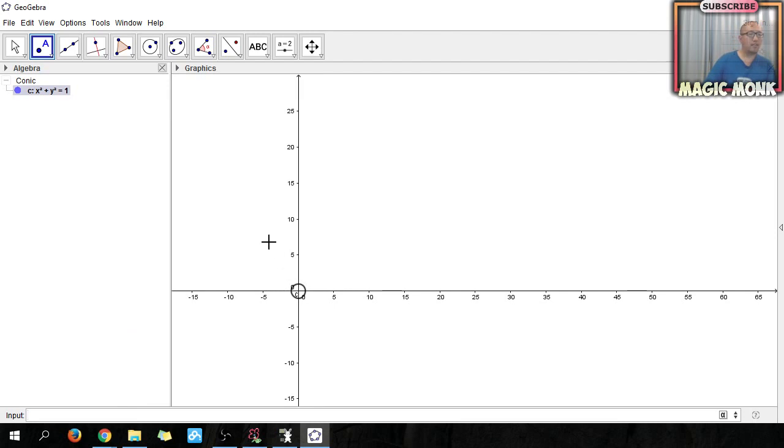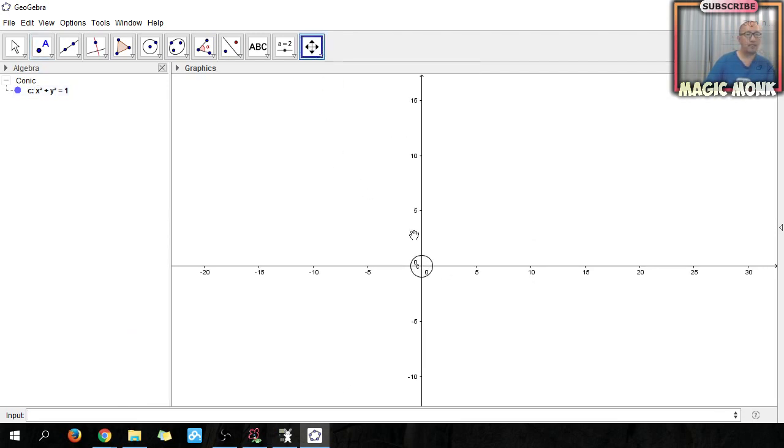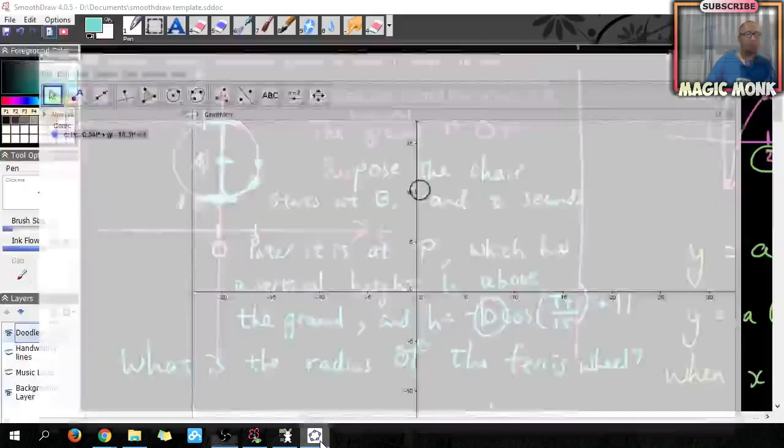Now, if I drag this up, you can see that you're just moving the center point. So if I want the radius to be, what is the radius?